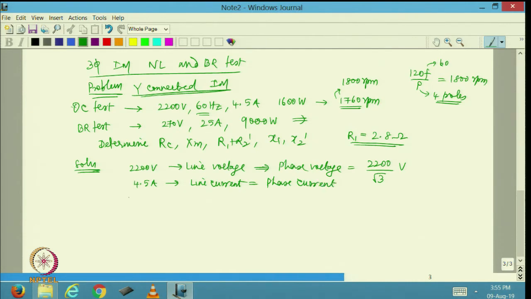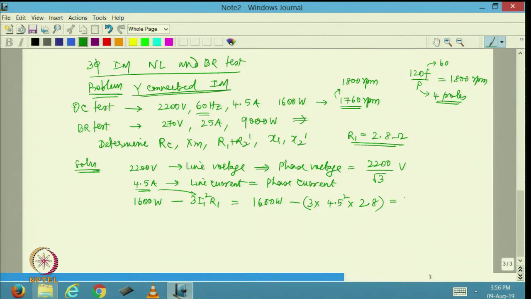So, first of all I should say 1600 watts minus 3 I1 square R1, where 4.5 ampere is my I1. So, 1600 watts minus 3 multiplied by 4.5 square multiplied by R1, which is 2.8 ohm.